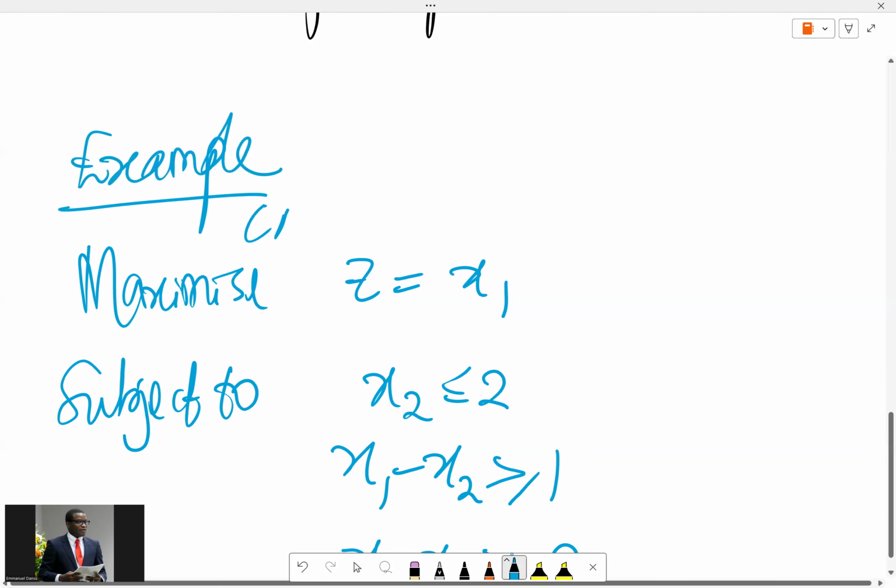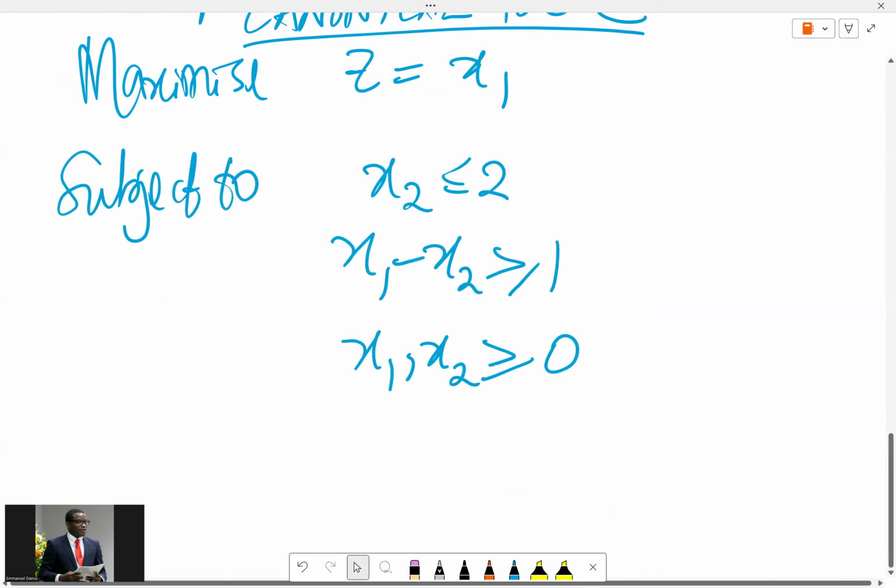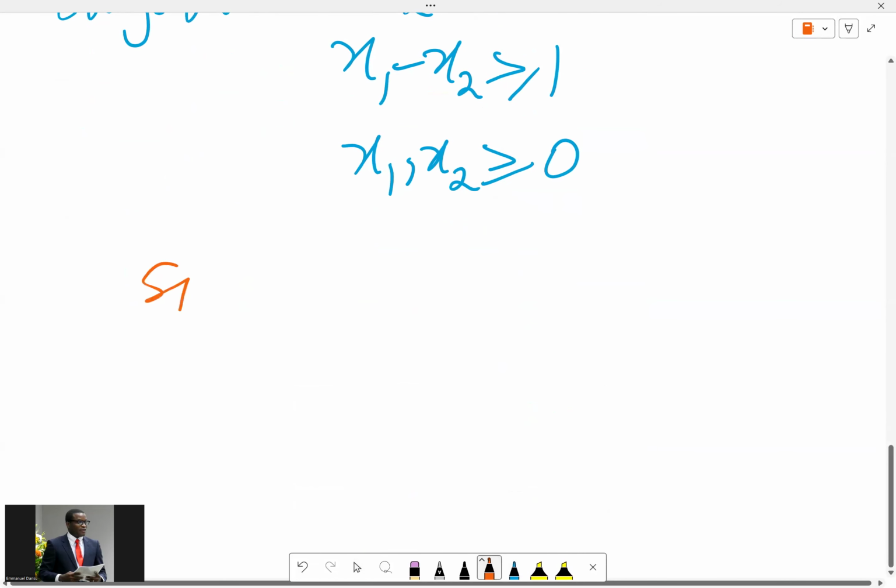Of course, this is the canonical form. And we have to change it to the standard form so that we can use simplex method.